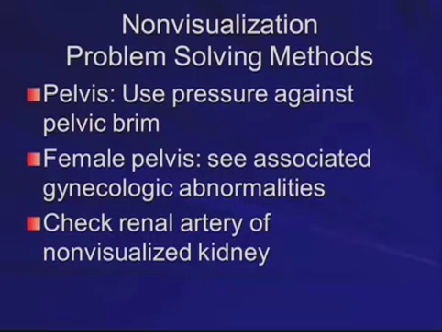In the female pelvis, sometimes you can see associated gynecologic abnormalities, and that will give you a clue as to why you're not seeing the kidney, because congenital abnormalities in the pelvis in a female are commonly associated with congenital problems in the kidneys. And then finally, look at the renal arteries. Sometimes the renal artery on the non-visualized side will give you a clue as to the location of the non-visualized kidney.